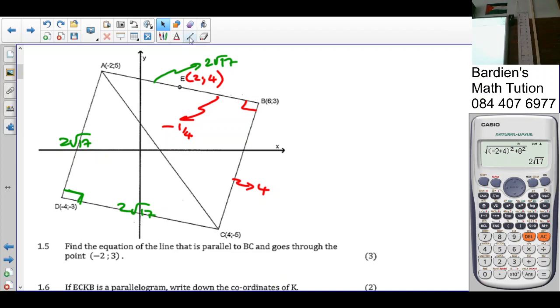So the line is parallel to BC. How do you know if lines are parallel? Gradients are equal. So the gradient of this line is the same as the gradient of that line, which is 4 in this case. But it's going through negative 2 and 3. So it's approximately here, negative 2 and 3.